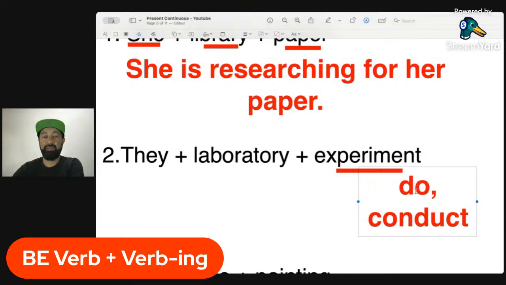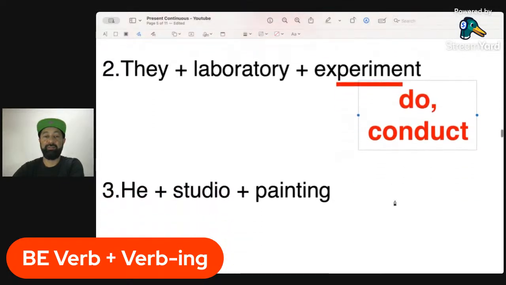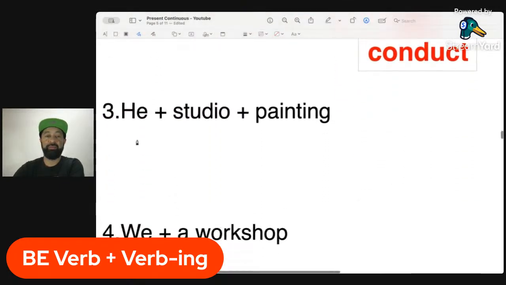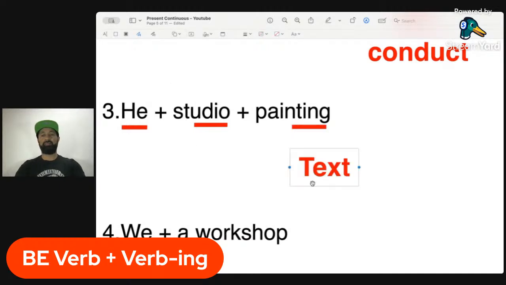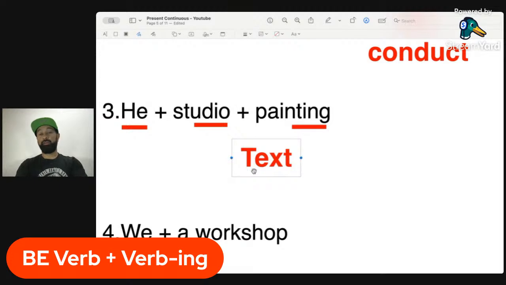Okay, so let's look at number 3. We've got he, studio, painting. All right, so we're going to use this information to make a sentence. So what I could say is, there are so many answers.